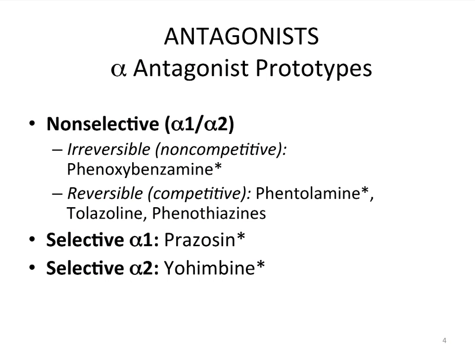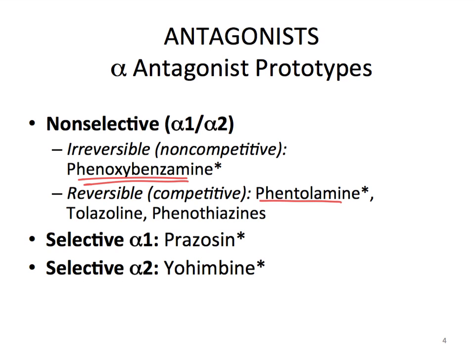Turning to the antagonists, we can break those down on the alpha side as non-selective, meaning alpha-1 and alpha-2 are being blocked, and the prototype for this one is really phentolamine, but the one that we occasionally still use in veterinary medicine is an irreversible, non-competitive drug called phenoxybenzamine.